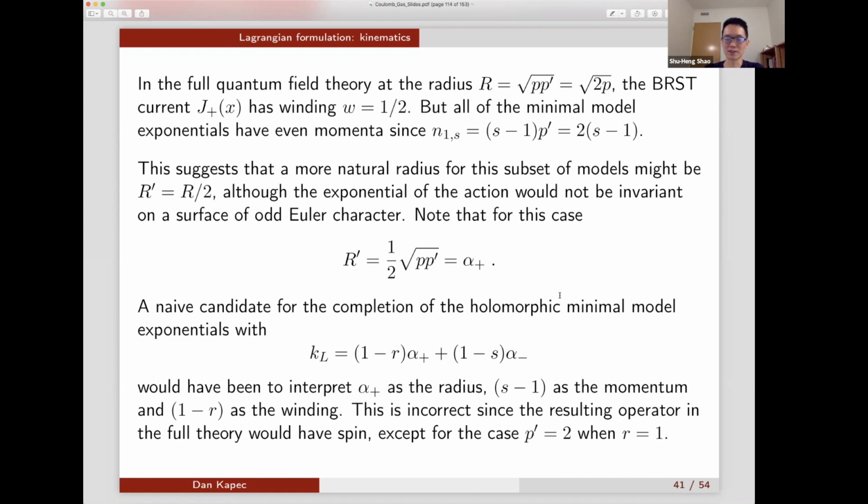I was complaining about that. Well, as you know very well, many times when you gauge something, you can try to go back to the original theory, but there's no unique procedure to do that. Yes, but there is a procedure to go back.